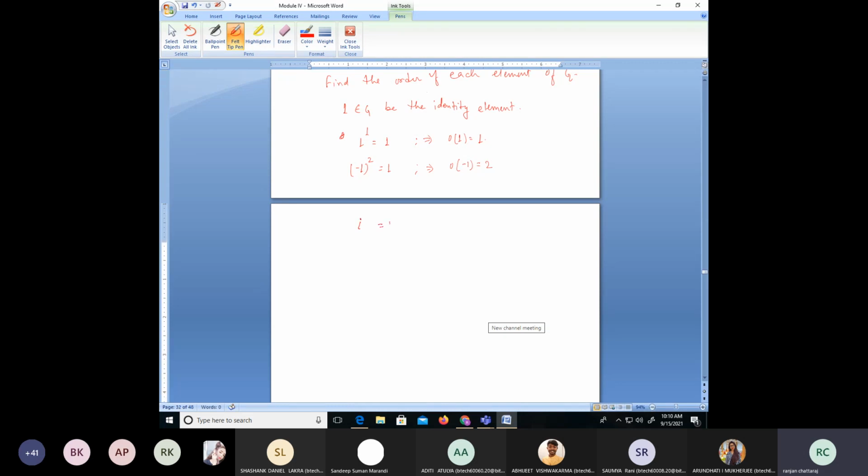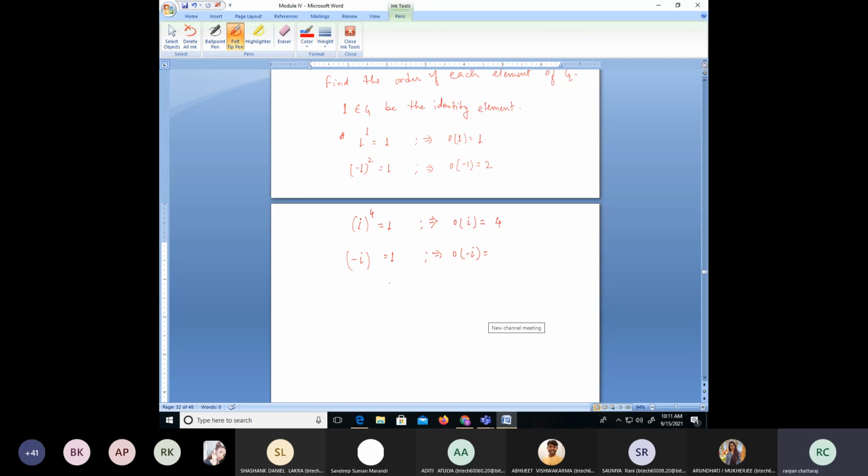What should be the value of n such that I to the power n is equal to 1, and that n should be least? If it is 3, then you never get 1. It is 4, sir. I to the power 4 is 1. So this is equal to 4.